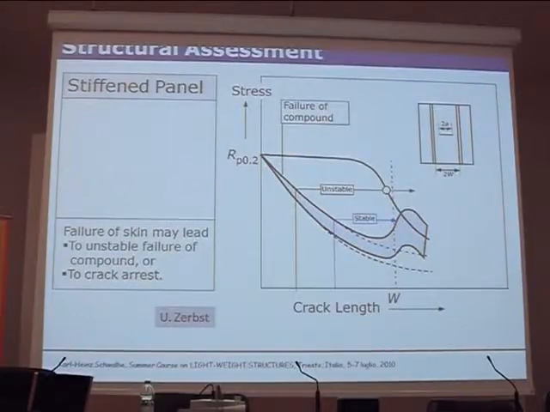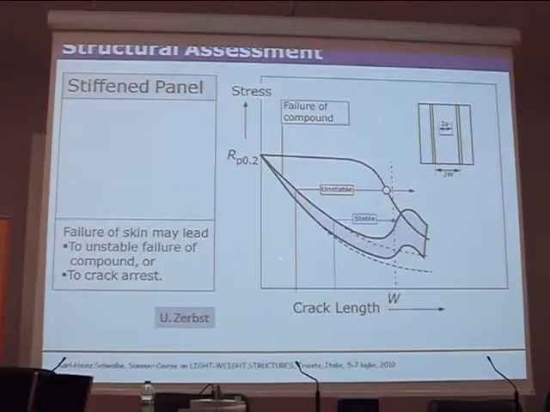This shows what may happen when a crack in the sheet, the skin, becomes unstable. If instability occurs here, the whole thing becomes unstable because the crack size jumps from here to there. We also hit the fracture line of the stiffener and the thing goes bang.